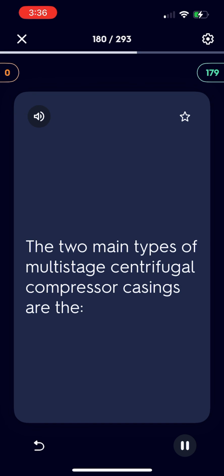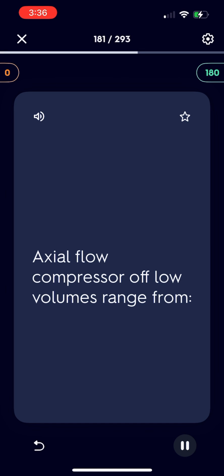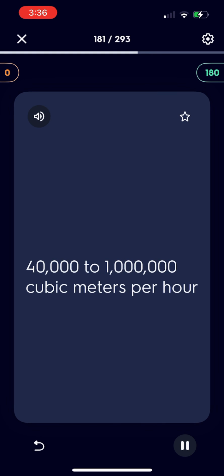The two main types of multi-stage centrifugal compressor casings are the horizontally split and barrel type. Axial flow compressor flow volumes range from 40,000 to 1 million cubic meters per hour.